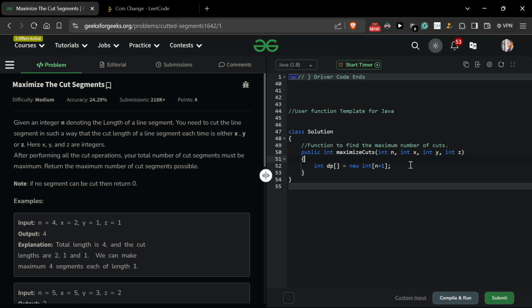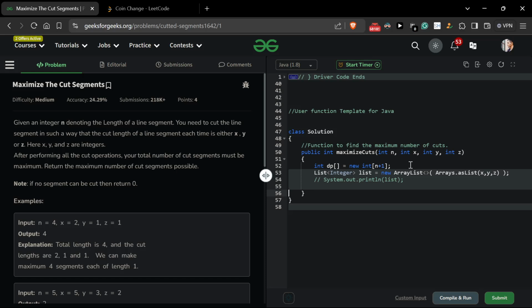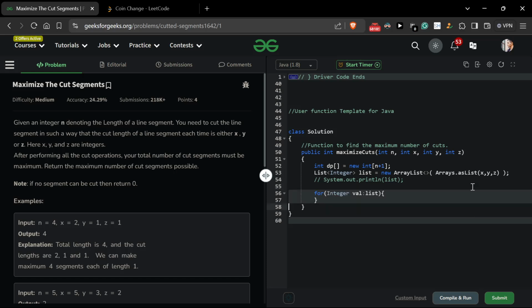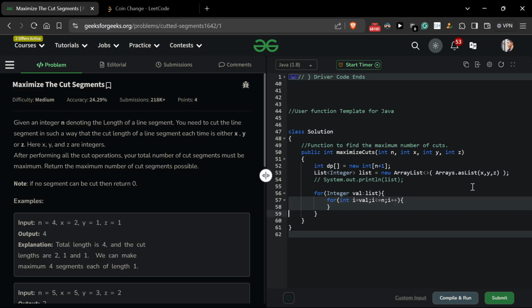We have a dp. Next, I stored this x, y and z values into a list. After storing the values into a list, we have to iterate by taking one value at a time, and we will start from this value onwards, the current value.